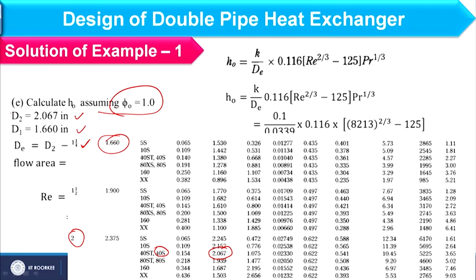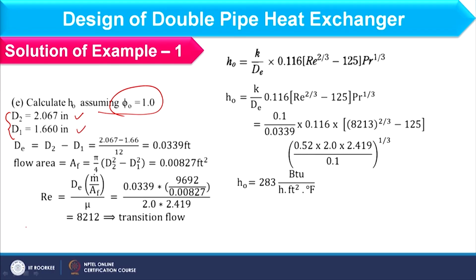So, corresponding to this we can have d1 and d2 value, and we have just seen how these values have been obtained. Now, once I am having d2 and d1, which I have also represented as d naught and di corresponding to annular side, not di of inner pipe, right, which we have discussed in the last slide.